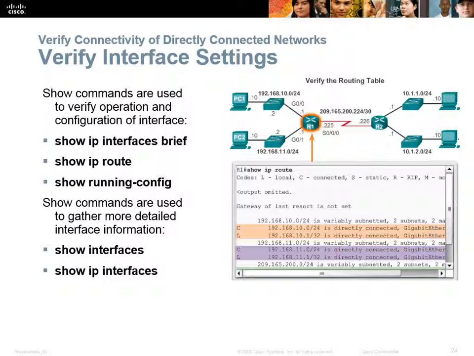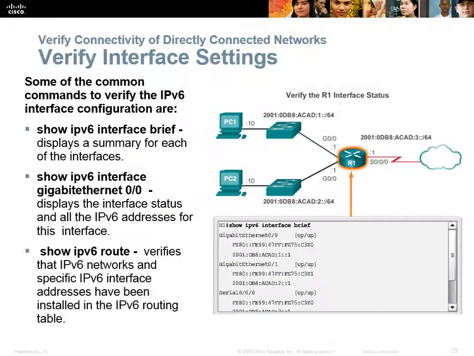Anytime you want to see the routing table, you go back just to your enable prompt, which would be show ip route, and it'll give you your routing table. Okay? As we get further along, we'll go through that. Same thing, if I want to see my IPv6 addresses, show ipv6 interface brief. It's going to show me all the IPv6 addresses for each interface.